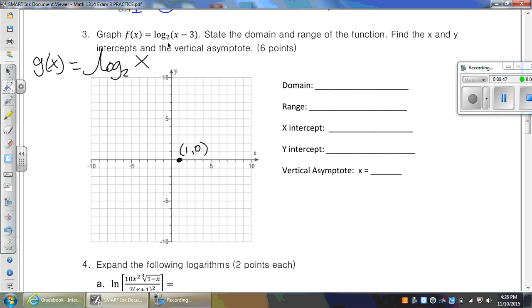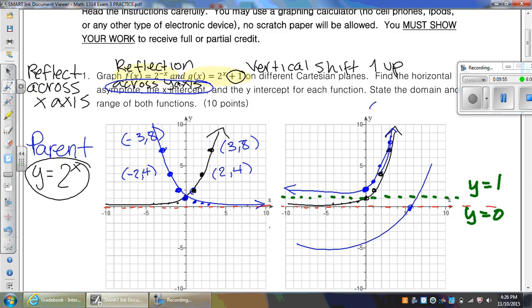And then, if we were to look at the first one that I graphed, this one here in black, it is the inverse of 2 to the x, so I could just interchange the x and y coordinates. So for the log of x base 2, I will have the point (4, 2), and also (8, 3).